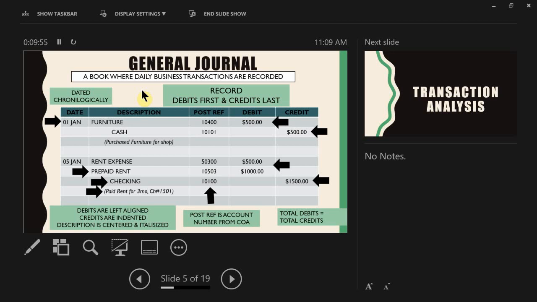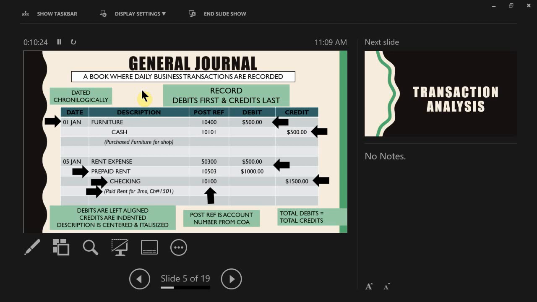That's the general consensus. But again, if you're looking at a major corporation that has billions of transactions, you can definitely know that they probably use numbers and letters to create a unique account number. So typically your post reference would be whatever number you associated the account with under your chart of accounts.